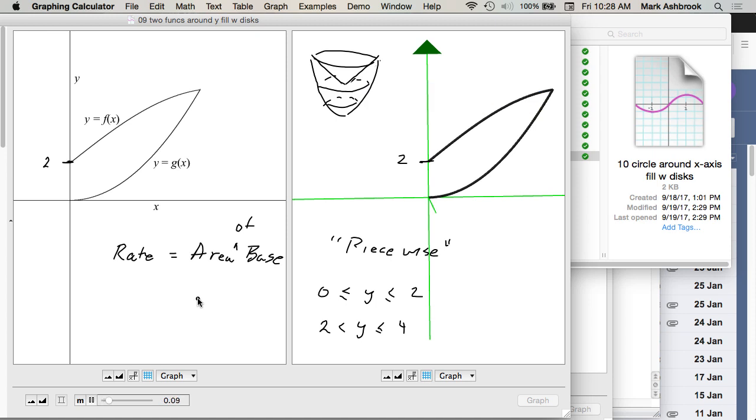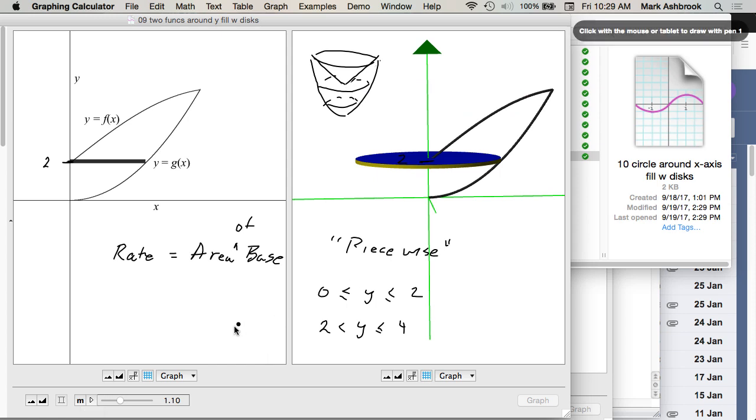Here it comes, watch. Trust me, it's coming. There we go. So what will the rate function be down here? Just pi r squared. There's no hole. See, there's no hole. When y goes from 0 to 2, there's no hole in it. So the rate function will be just pi r squared.